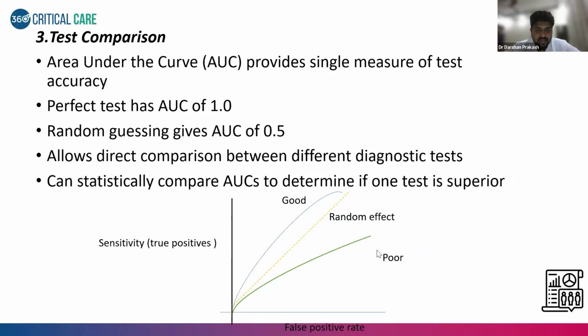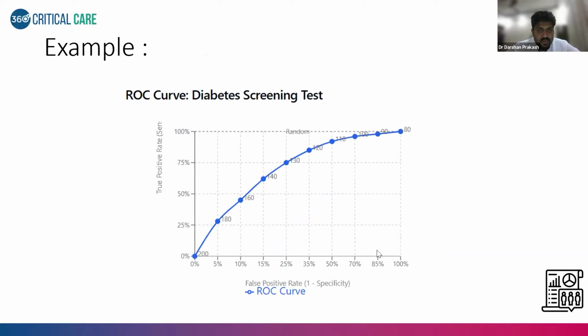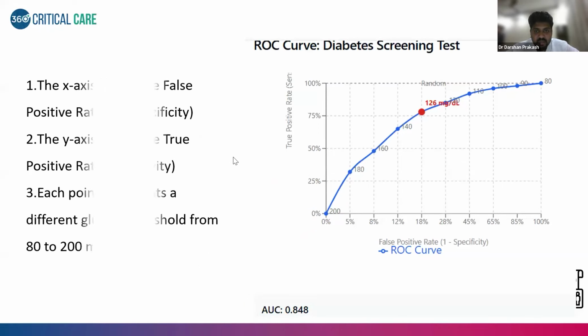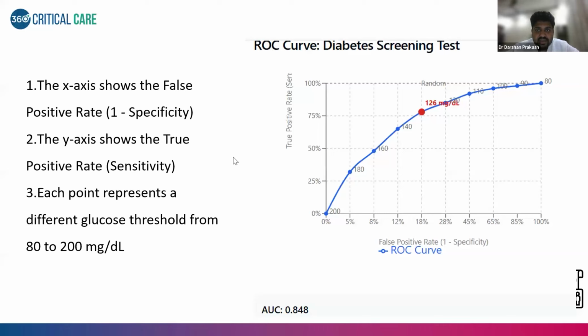So let's take an example so that it becomes clearer. You guys know the x-axis, y-axis, and the thresholds, right? We are taking the same example of diabetes so that there is no ambiguity in understanding. So we know what each point is representing here. What will happen if we choose different thresholds?